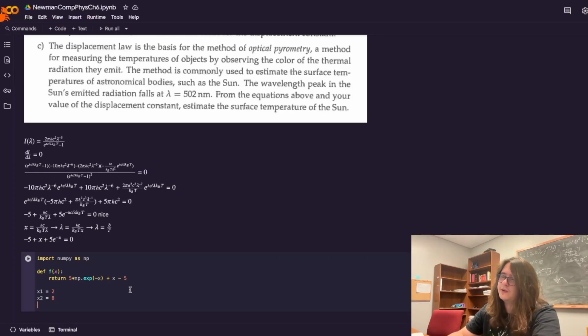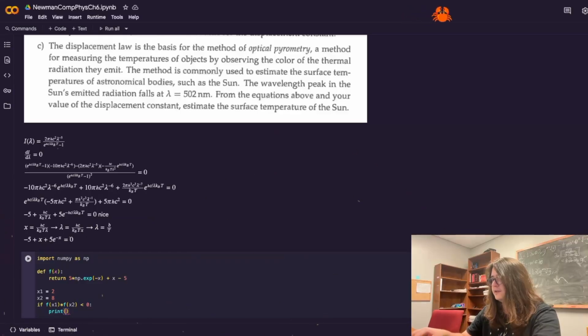The way to check if your guess is good is if the function at x1 and the function at x2 happen to not match signs. So if the multiplication of the two is less than 0, then that's a rough guess.